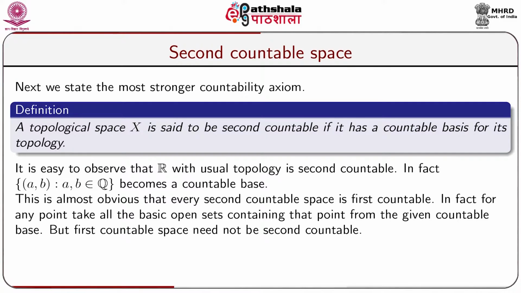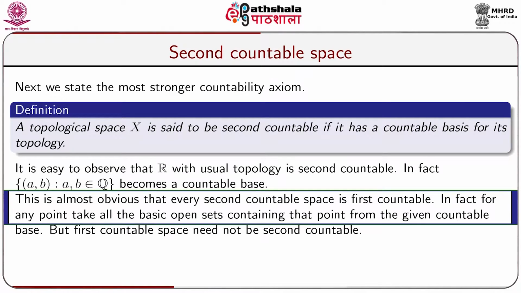It is easy to observe that R with its usual topology is second countable. In fact, the collection of all open intervals with rational endpoints becomes a countable base. It is very clear that every second countable space is first countable.